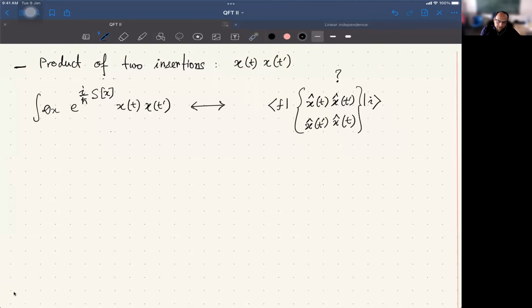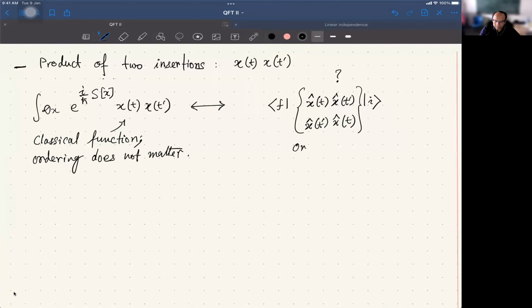Since these are classical functions, ordering does not matter here.